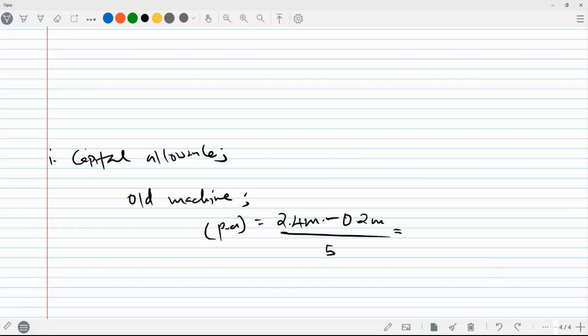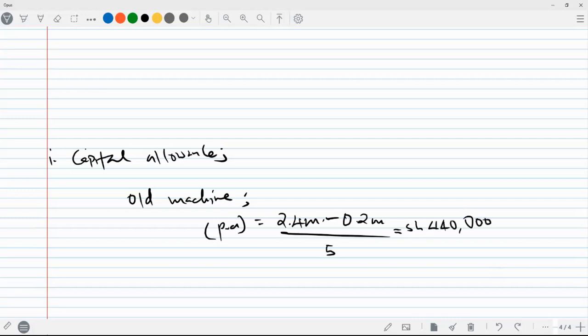Therefore, every year, what's the allowance? This is for the old machine. 440,000. Therefore, every year we have a saving of 440,000.